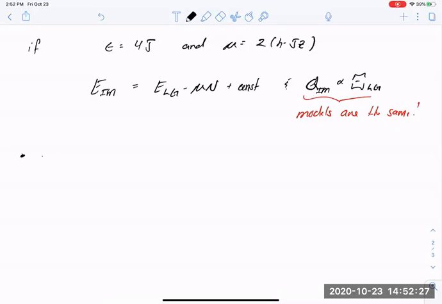So the Ising model has an up-down symmetry at h is equal to 0.